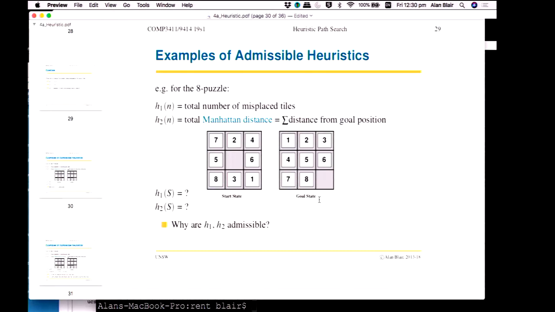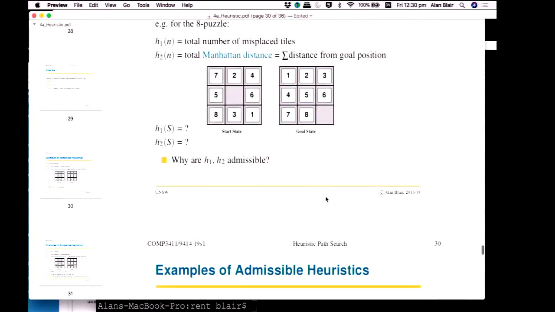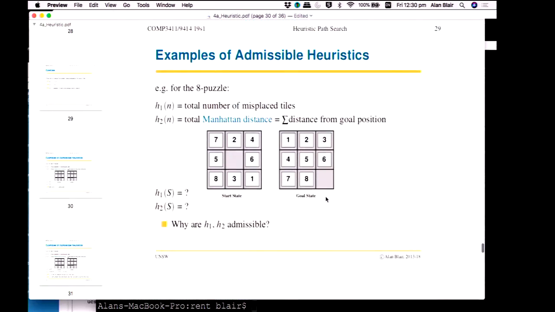Now, that is an answer, but the trick here is it's called brinkmanship. You want to get an estimate that's as close as possible to the true distance without exceeding it.